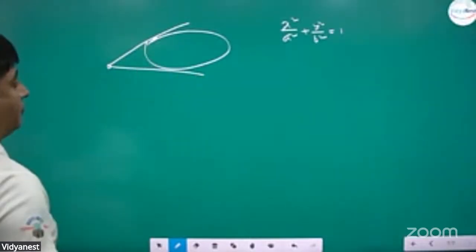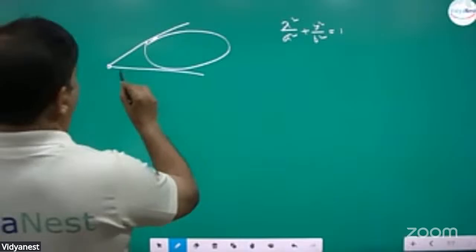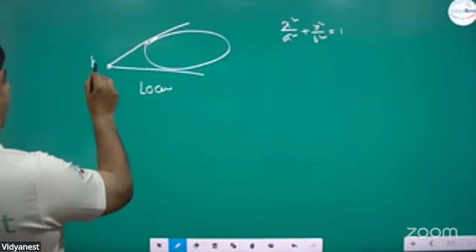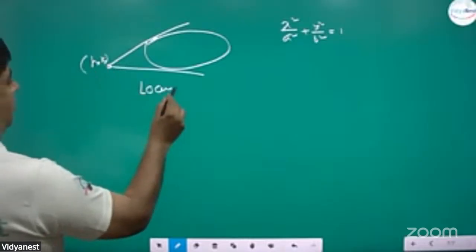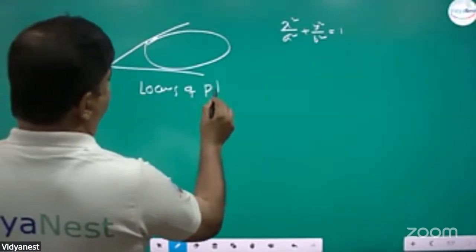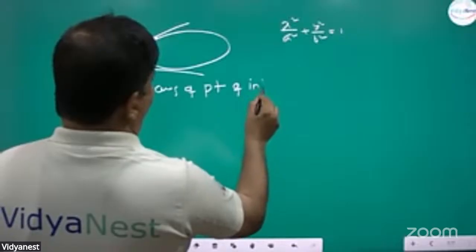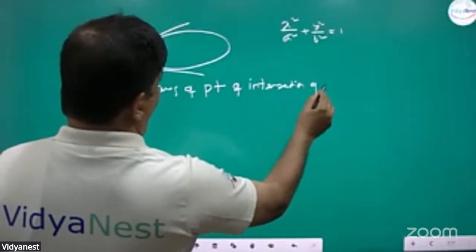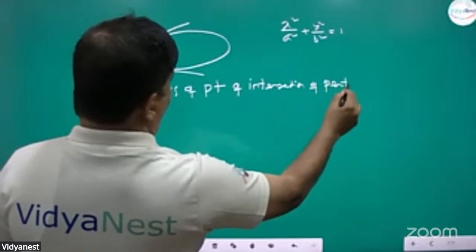Suppose this is h, k, the locus of the point of intersection of perpendicular tangents.